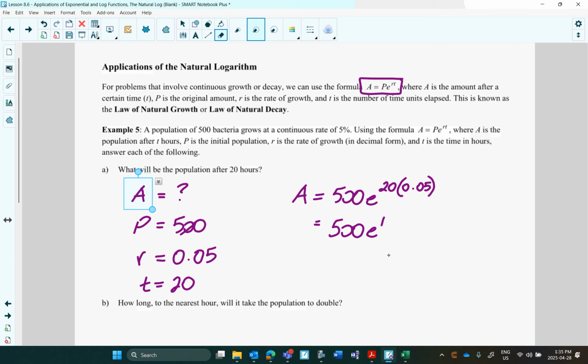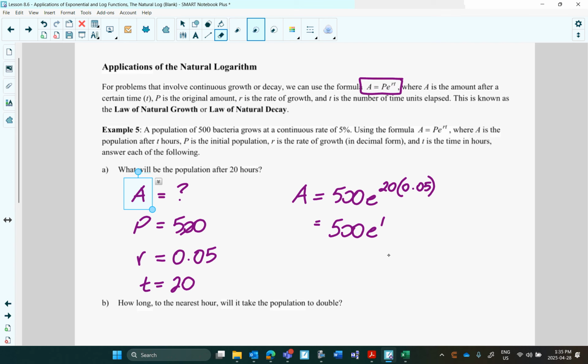Where do you find e? If you're on the graphing calculator, it's above the division symbol. So I could go 500 times second, division sign, which should give me, let's go to the nearest whole number, 1,359.